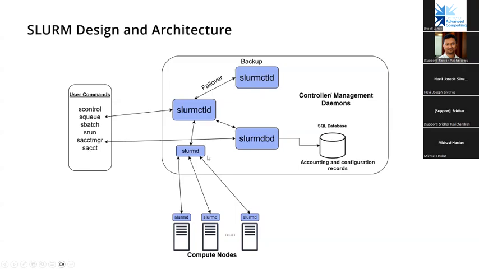So there is no direct interface to the SQL database, but most of the communication happens through SLURM daemons to retrieve information about current running jobs or accounting information through slurmdbd.